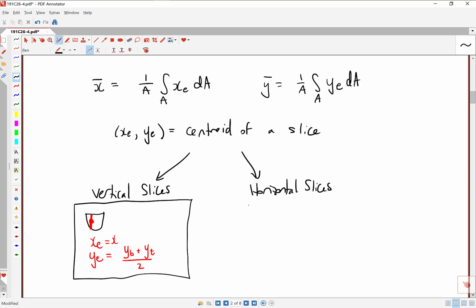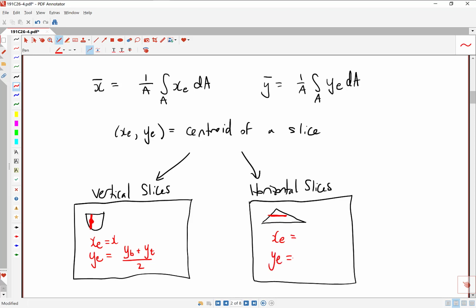Okay, then let's run through the same kind of reasoning for horizontal slices. So maybe we'll have a region that looks something like that, and we'll decide that horizontal slices would work well there. So we could think about the area using horizontal slices. x sub e and y sub e represent the centroid of just this red slice here. Let's talk about y sub e first.